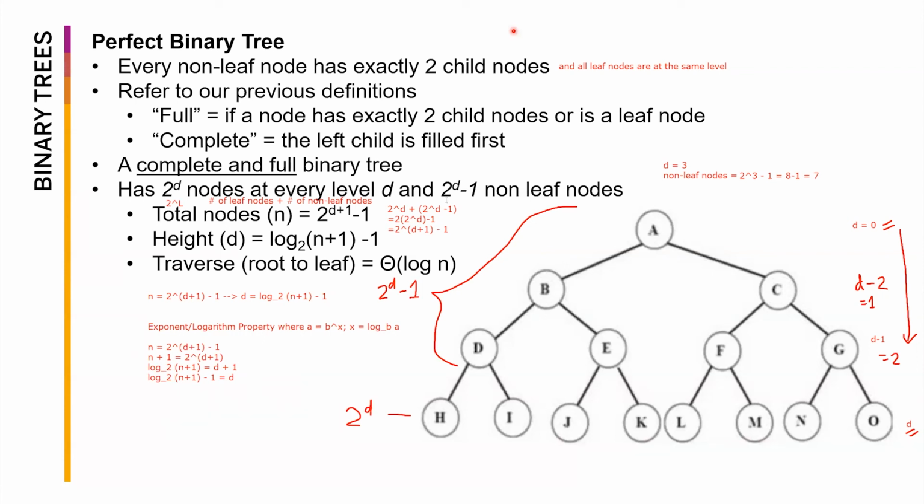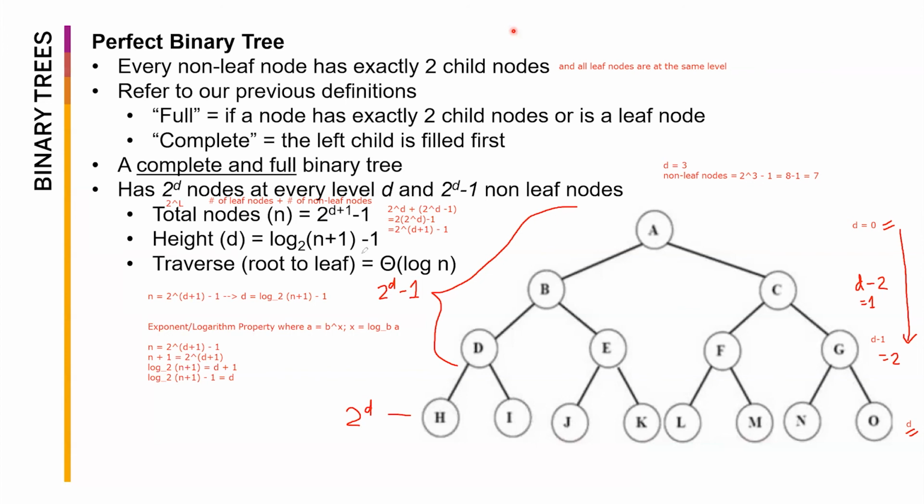So coming from this property where we have 2 raised to d nodes at every level and 2 raised to d minus 1 non-leaf nodes, we arrive at the total nodes of a perfect binary tree, where we simply add the number of leaf nodes and the number of non-leaf nodes. Number of non-leaf nodes is 2 raised to d minus 1, number of leaf nodes is 2 raised to d. So we add both, and we arrive at 2 raised to d plus 1 minus 1.